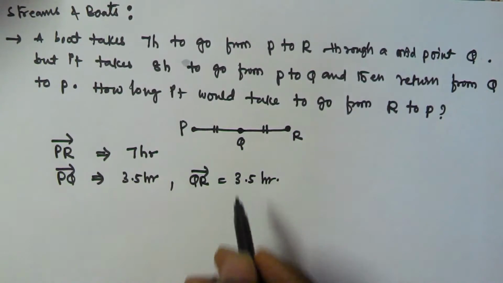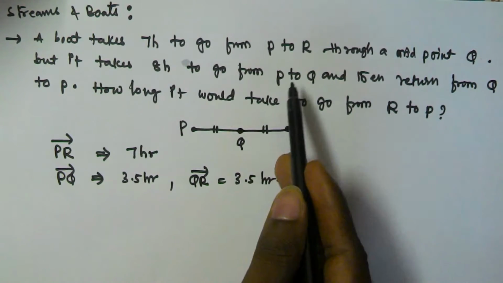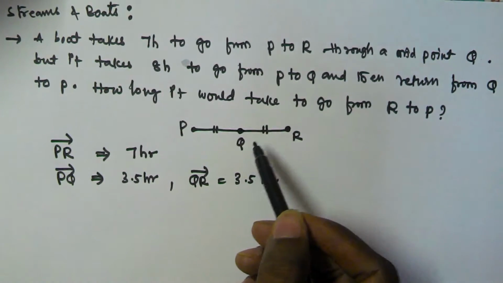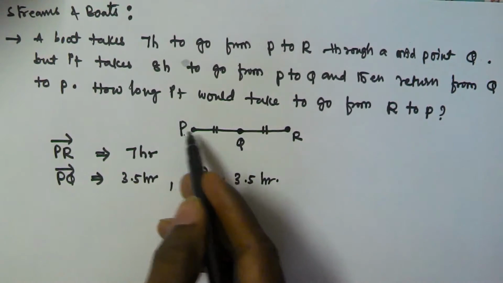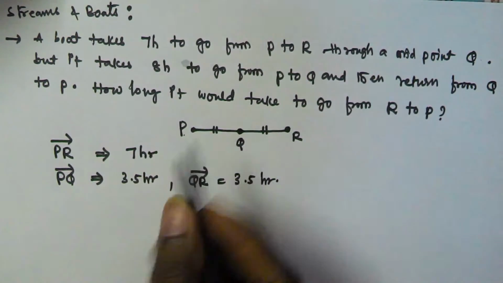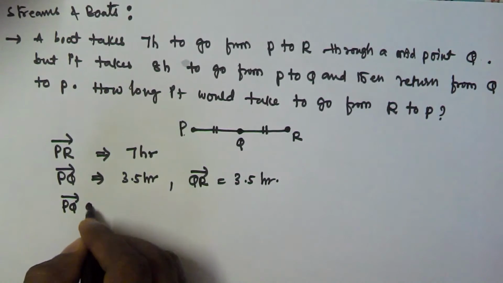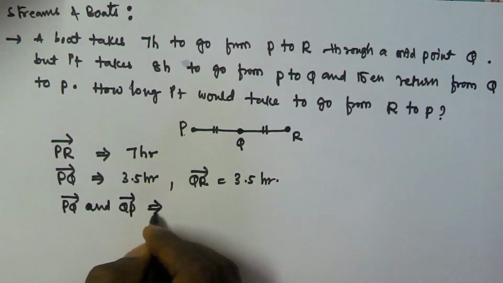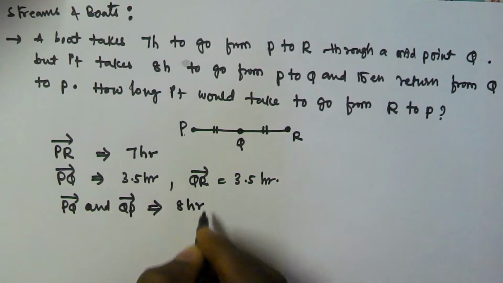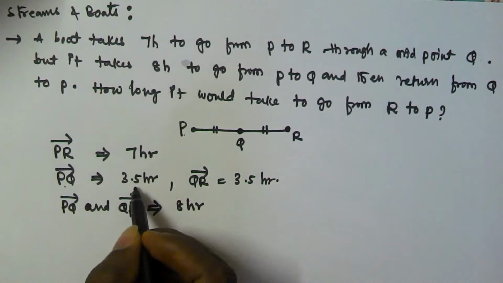Okay. And next it is given that it takes 8 hours to go from P to Q and then return from Q to P. So P to Q and Q to P is taking 8 hours. We already know that P to Q is 3.5 hours.